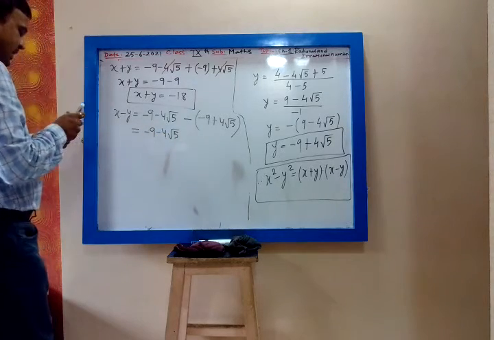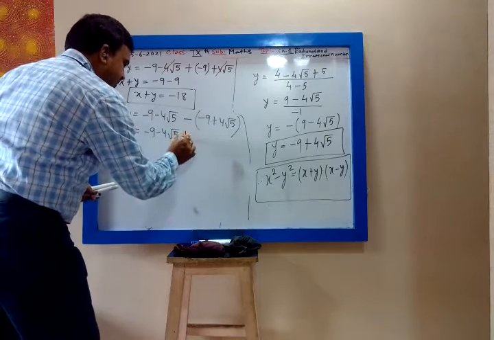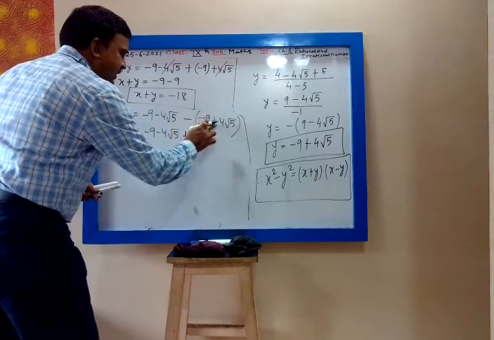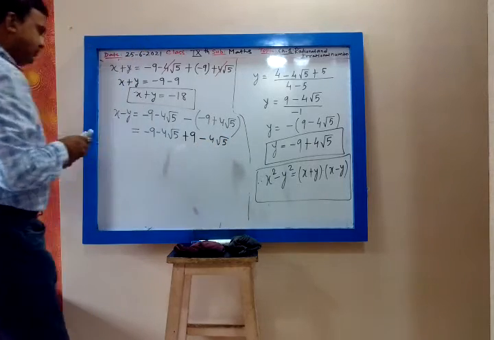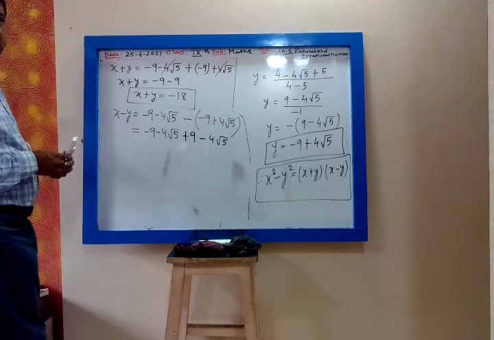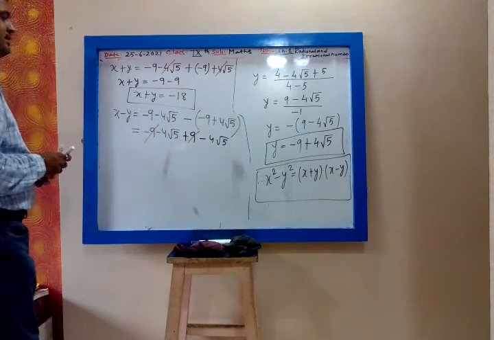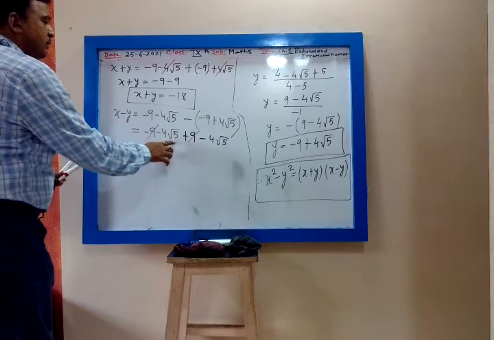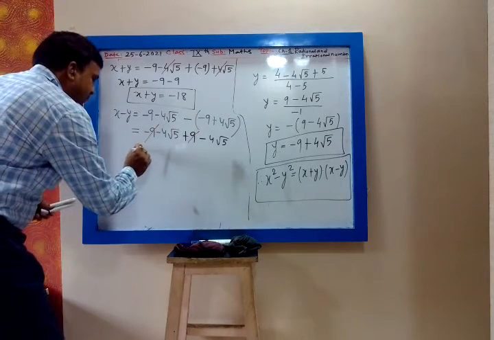Then when we open the bracket, minus will become plus 9 and minus plus will become minus 4 root 5. Let us see this. So plus 9 and minus 9 get cancelled. Minus 4 root 5.